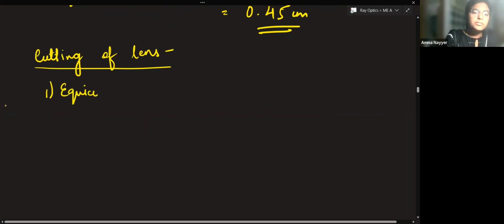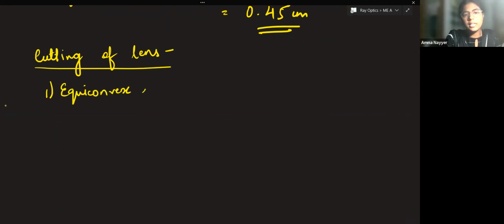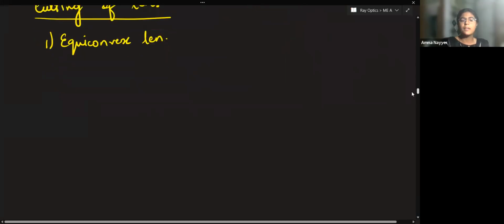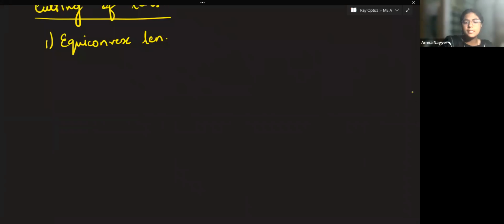One, you have an equiconvex lens. Equiconvex lens means both the radii of curvature, on both the sides, are equal. That we call an equiconvex lens. So when you have an equiconvex lens, it can be cut. See how a lens can be cut.